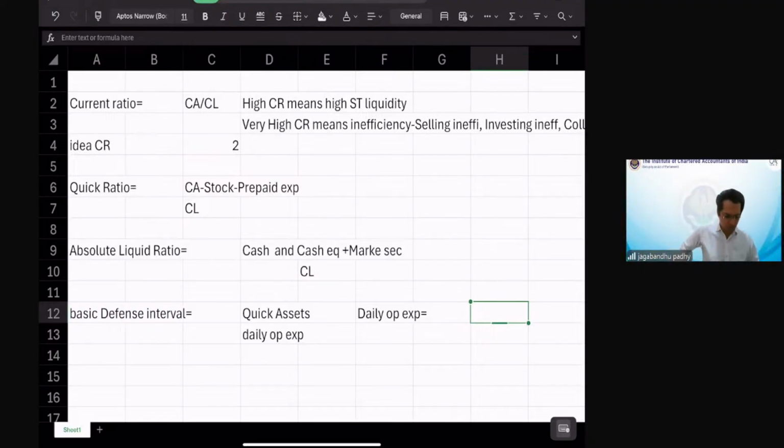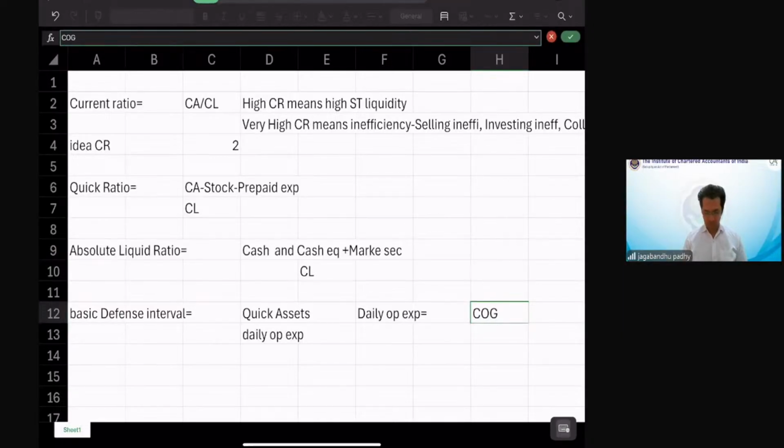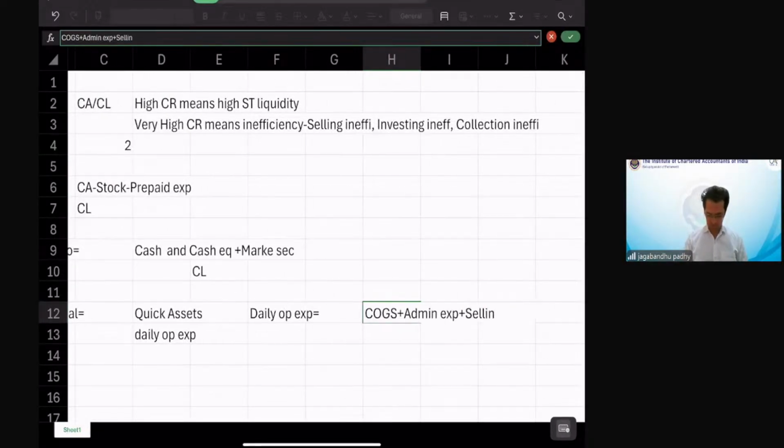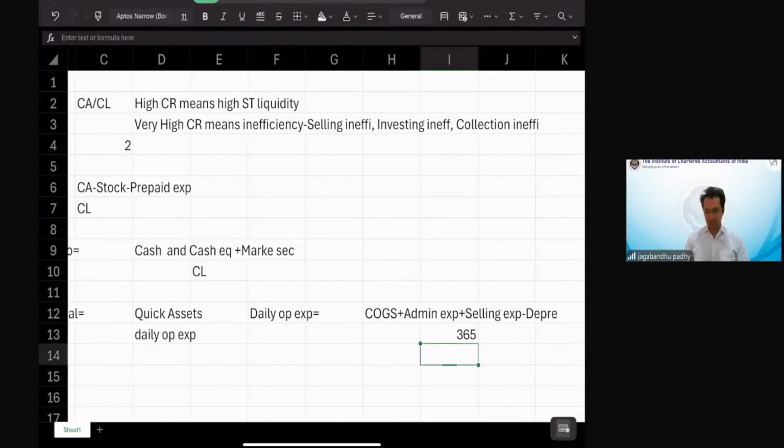Okay. So basic defense interval ratio was quick assets upon daily operating expense. Daily operating expense will be the COGS number, because COGS is definitely part of your expenditure, plus all other expenses, like admin expense plus selling expense minus depreciation, upon 365.